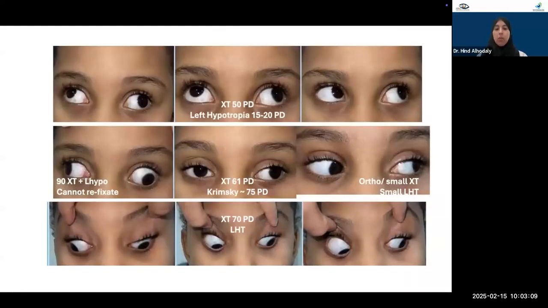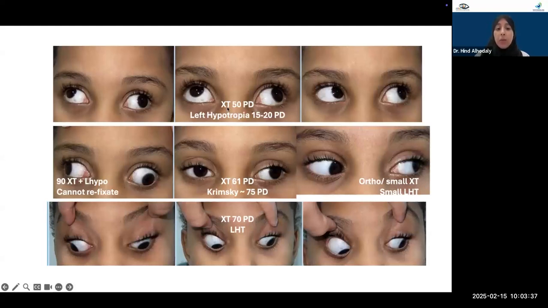This is her photo. In primary position, as you can see, she has a large XT, about 61 prism diopters, which increases in right gaze up to 90 prism diopters with downshoot of the left eye and lid retraction. In left gaze, she is ortho and occasionally has a small XT with small left hypertropia.